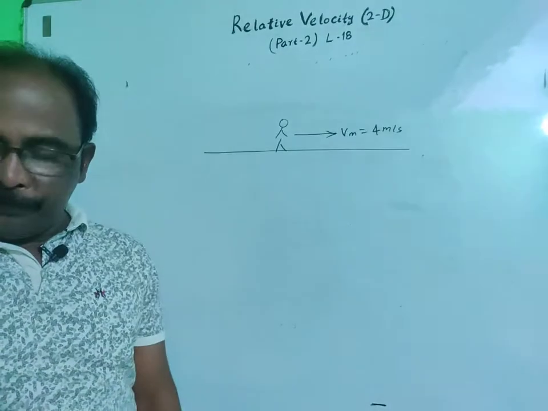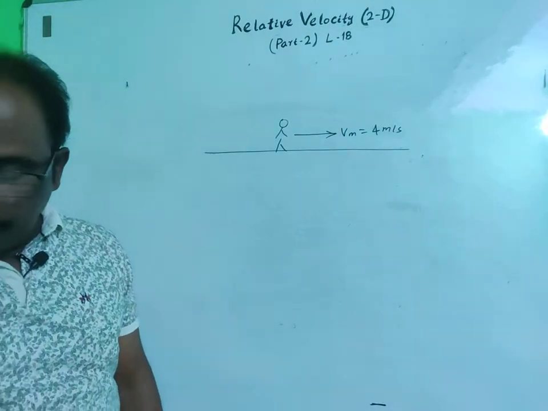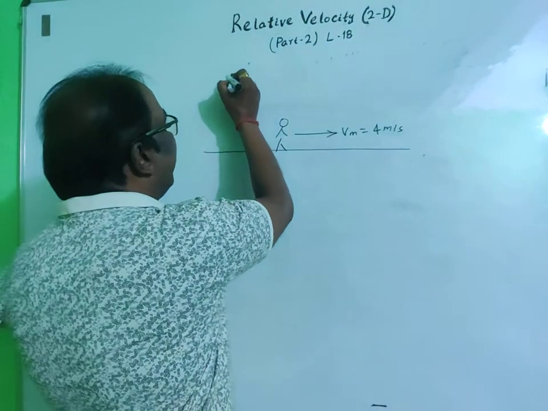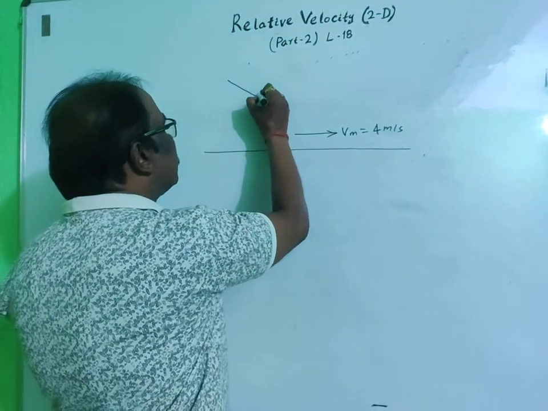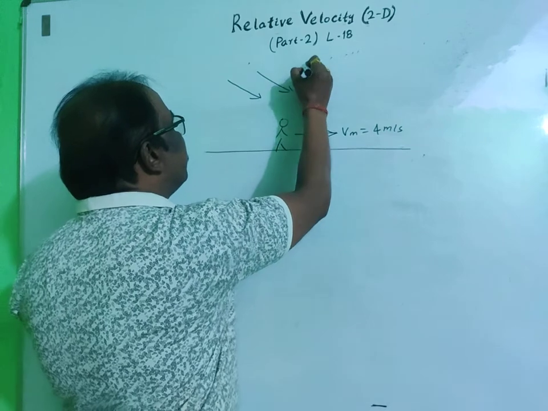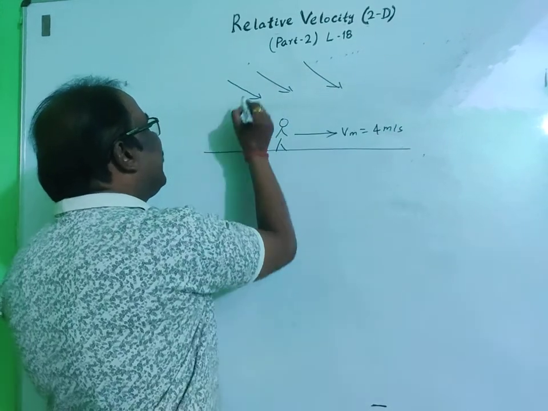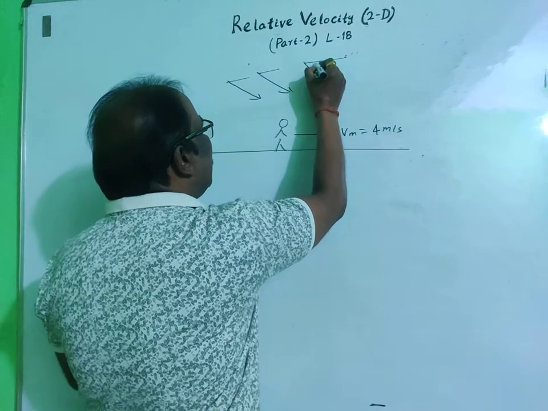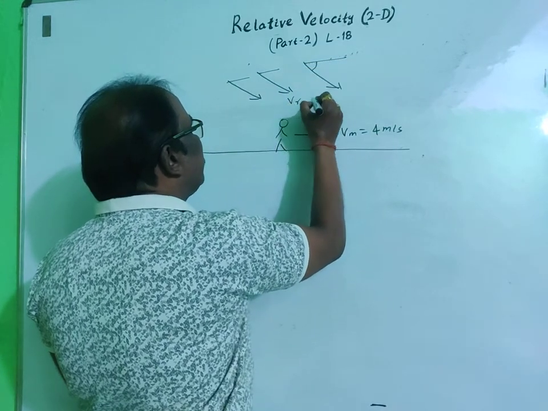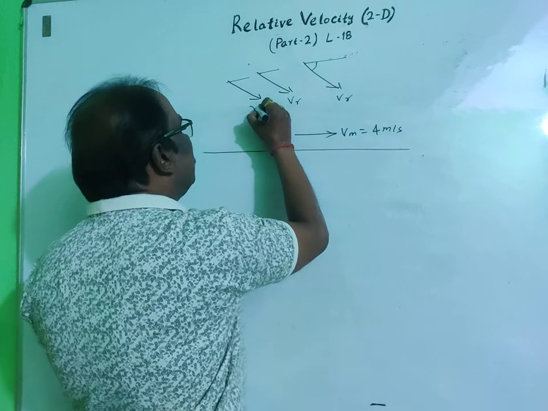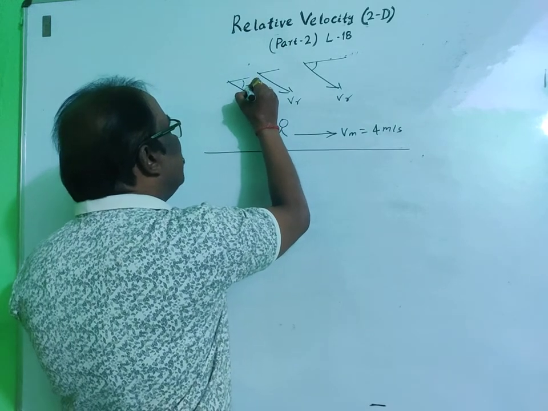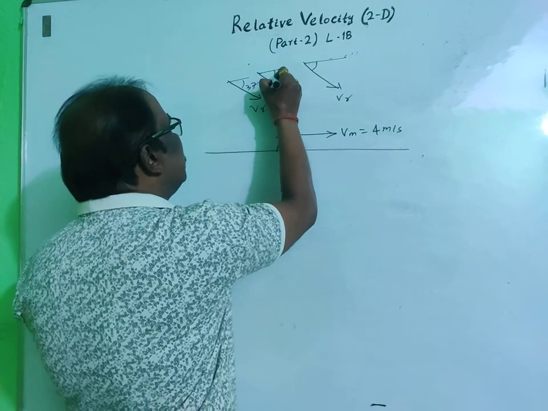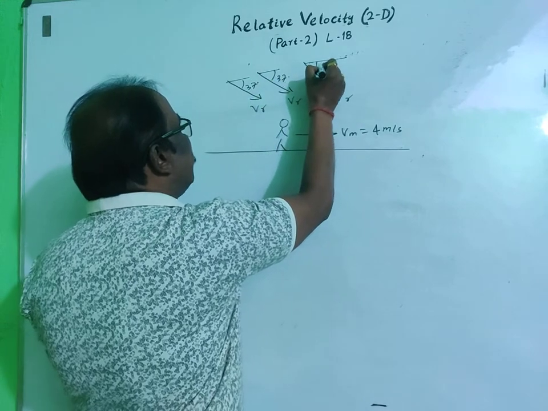Velocity of man is 4 meter per second when rain falls like this. Rain falls like this means making an angle. This is velocity of rain, making an angle 37 degree with horizontal.